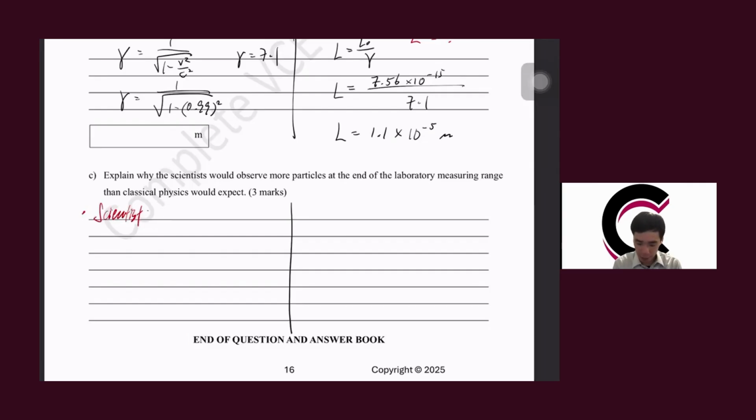Scientists would observe more particles due to length contraction. Length contraction is the keyword. 1 mark. Why is that?